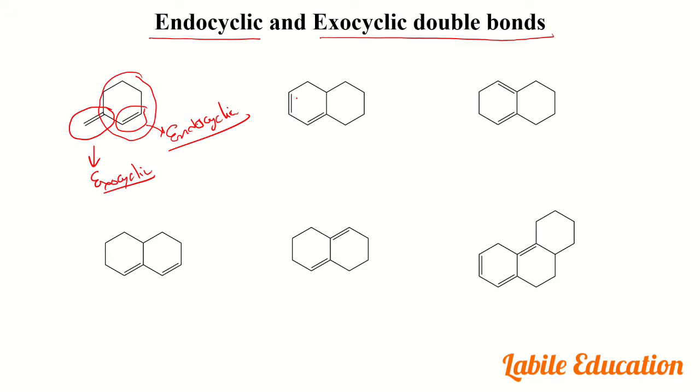So here you can see this is the endocyclic. Suppose that this is ring A, this is ring B. So endocyclic for the A ring.